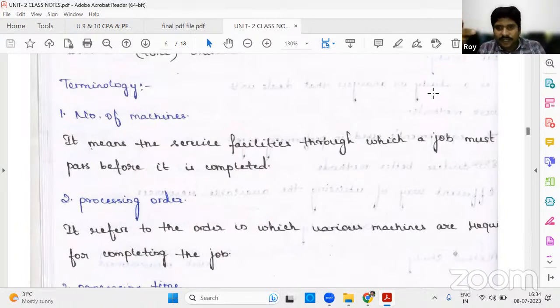The label will wrap that particular bottle, and some heat will come and fix it. From that, it will go to the final process and into the containers. There people will keep them in boxes in a proper way, and those small boxes will be packed into a big box. That is the process.